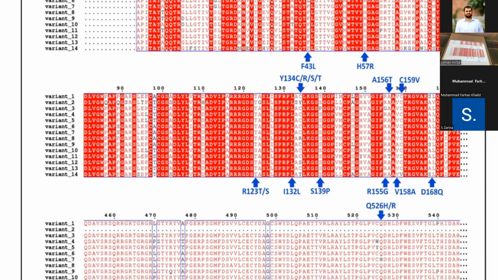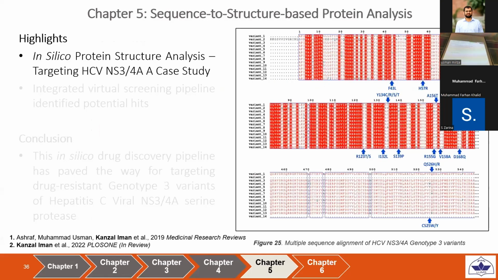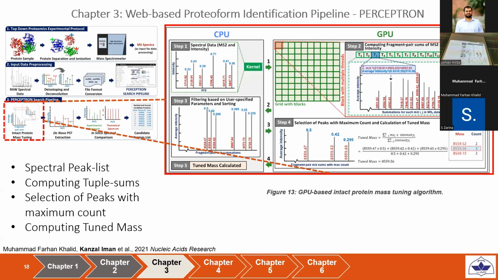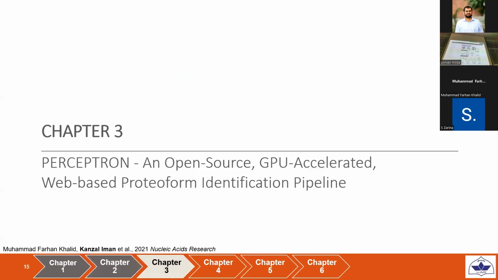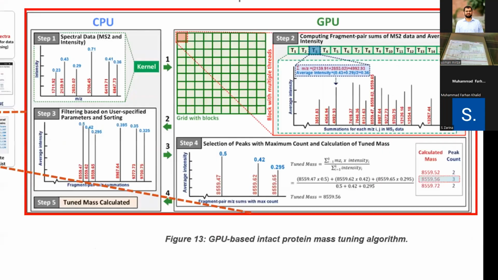Right. So one has these multiple blocks. These blocks contain multiple threads which can run in parallel and compute different values. So we utilize these threads to compute fragment pair sums. Every thread will compute the fragment pair sum. Essentially these fragment pair sums would be sent back for filtering in the CPU.